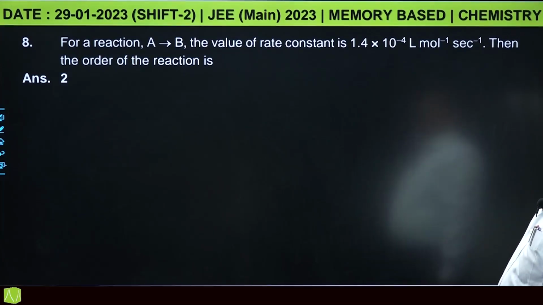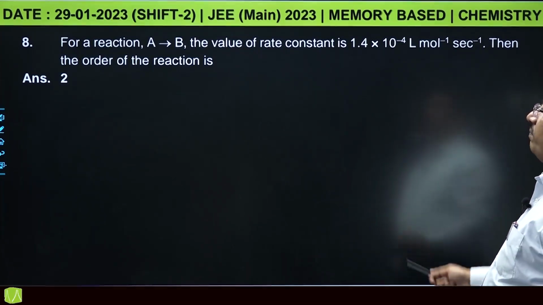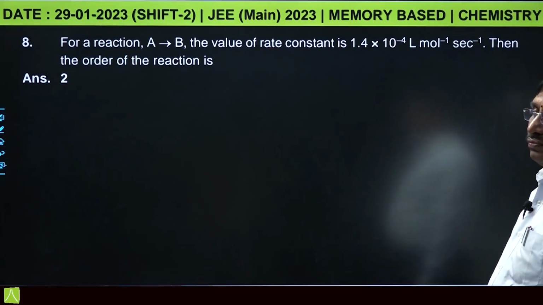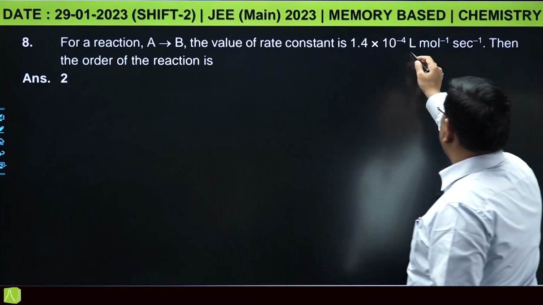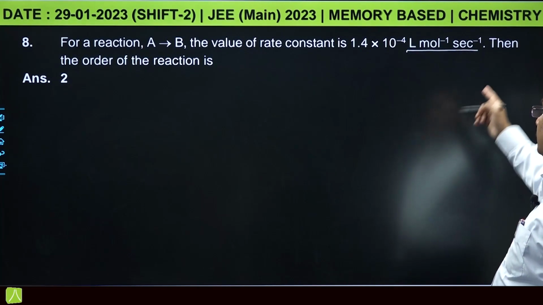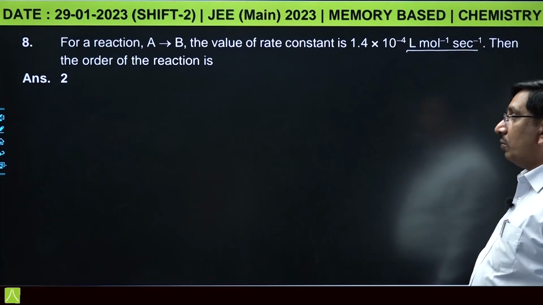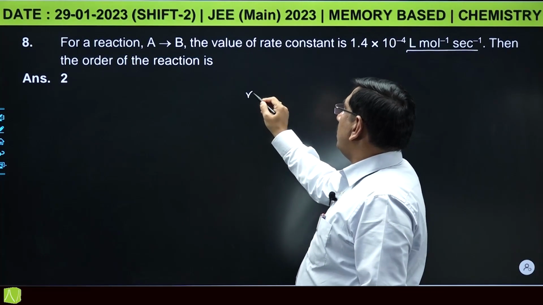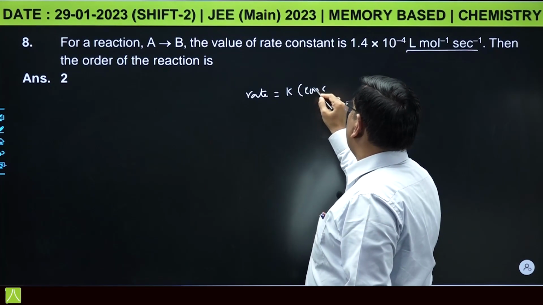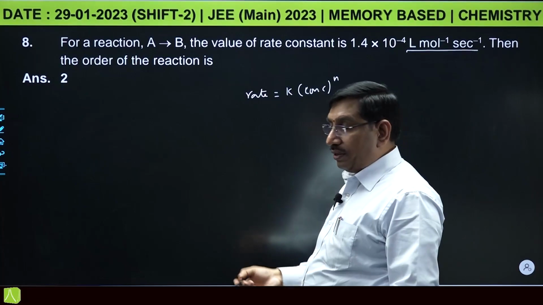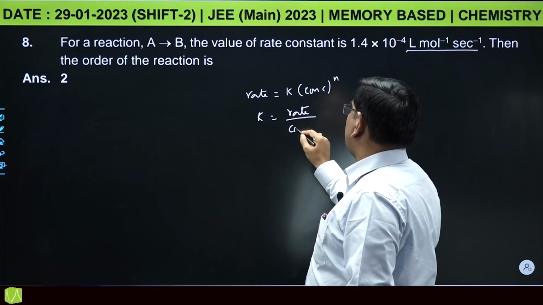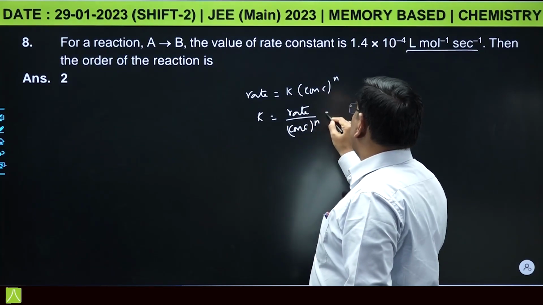Next, for a reaction A gives B, the value of the rate constant is 1.4 into 10 power minus 4 liter mole inverse second inverse. Here, from the rate constant unit you can find the order. Rate equals k into concentration power n for nth order. Now k equals rate upon concentration power n.